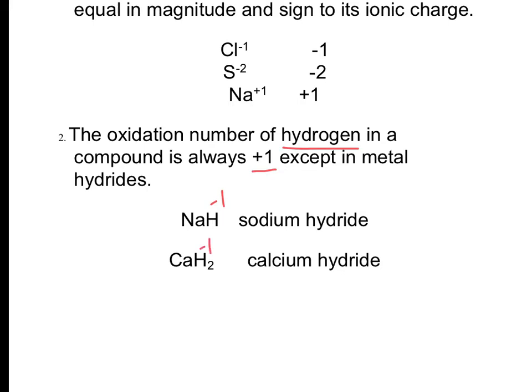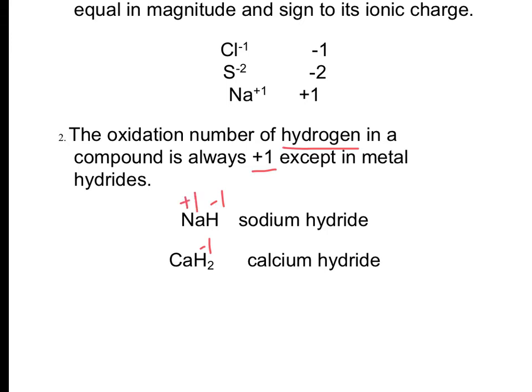Okay, and also kind of like a rule of thumb when we are assigning oxidation states, if it is an ionic compound, then their ionic charge will typically also equal their oxidation state. Okay, and one of the rules that we'll get to a little bit later, in a compound, if there's no charge written on the entire compound, then we know that we have to have their oxidation numbers equal 0. So if this hydrogen here, because it's in a metal hydride, is -1, then the sodium will be +1.